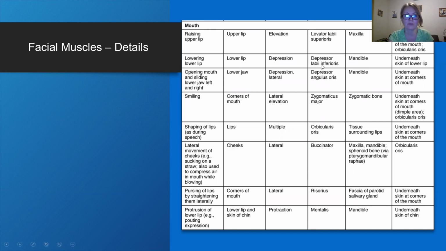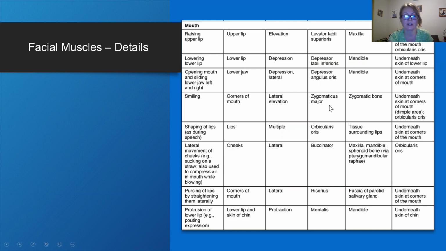Or depressor labii inferioris. This one is going to be inferior to the previous muscle, superioris, and it's going to depress your lips. You also have depressor anguli oris, and this one will depress the angles of your lips.